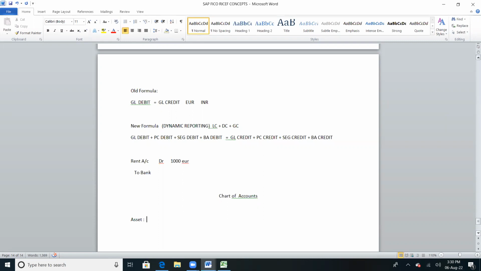As per the business entity concept, the owner is different from the business, and as long as we are doing business accounts, we need to consider ourselves as a business.